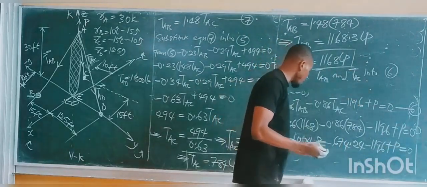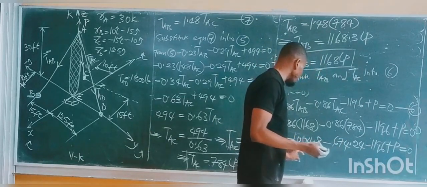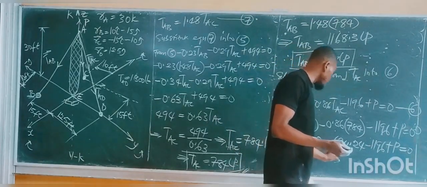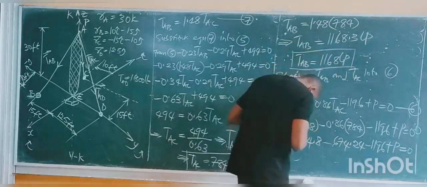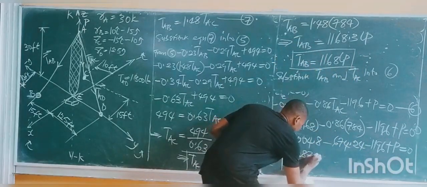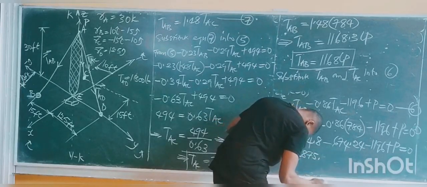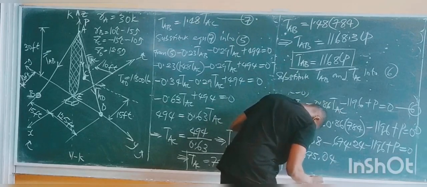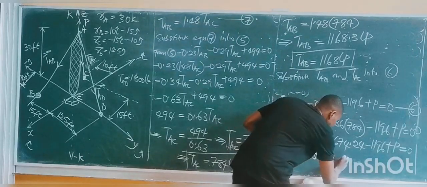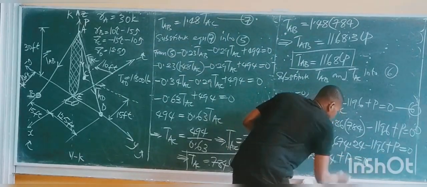So we can now evaluate all this together: minus 1004.8 minus 674.24 minus 1196 gives minus 2875.04, plus P equals 0.